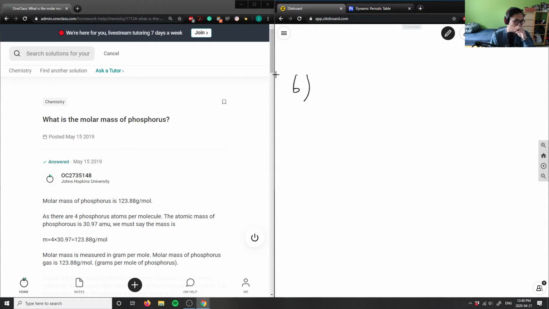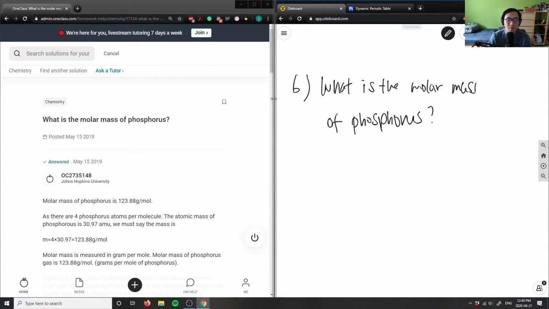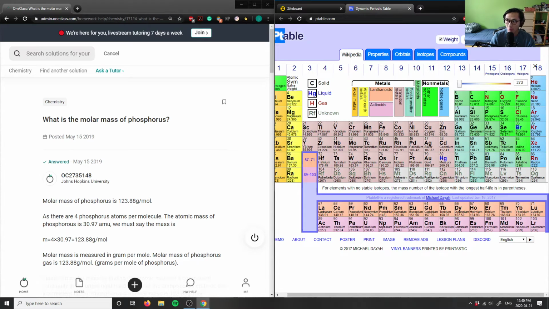What is the molar mass of phosphorus? Take a moment to think about this. I'm going to switch to the periodic table to help you out.